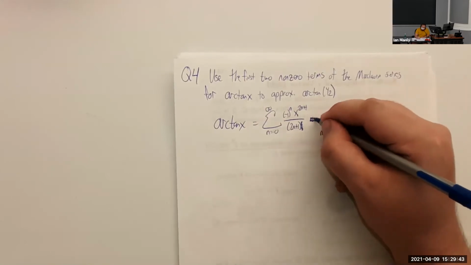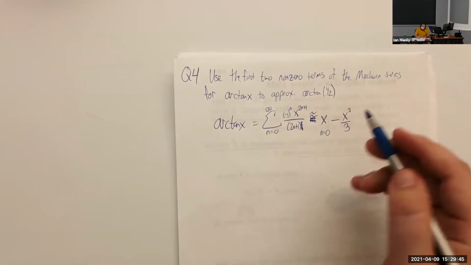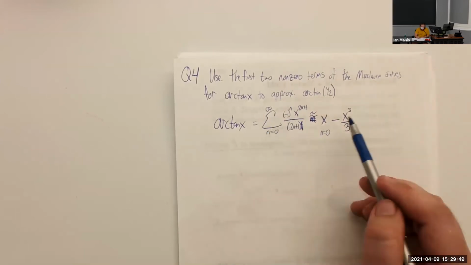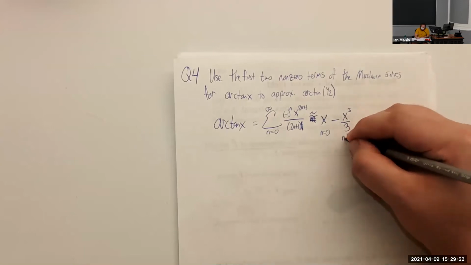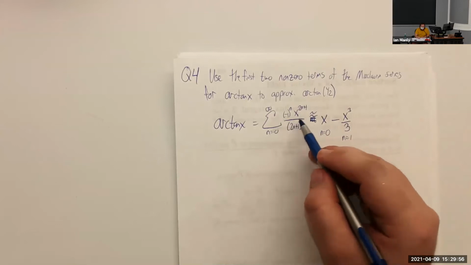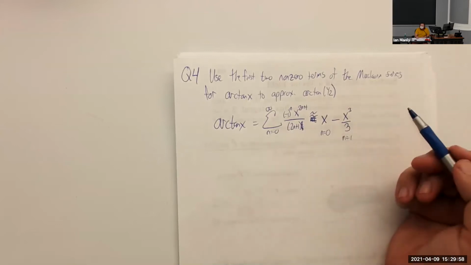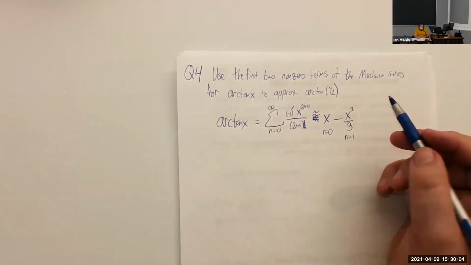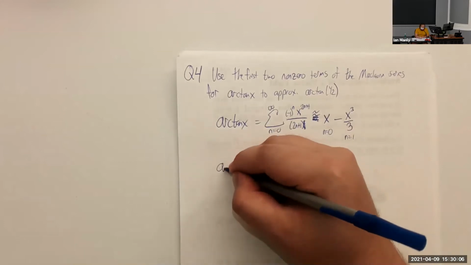Okay, and this should be a squiggly equal. Rather than adding up all of the terms in the series, we're instead only adding the first two. That's going to result in a loss of accuracy because we're missing all of the other terms. But as we've seen in class, a lot of times only using a few terms can give us a pretty good approximation. Our whole goal here is to approximate arctan of 1/2.